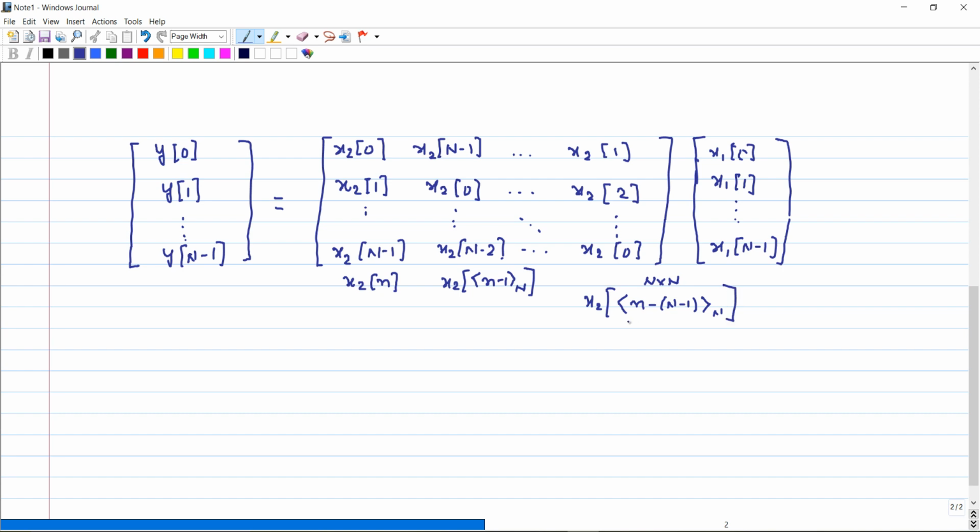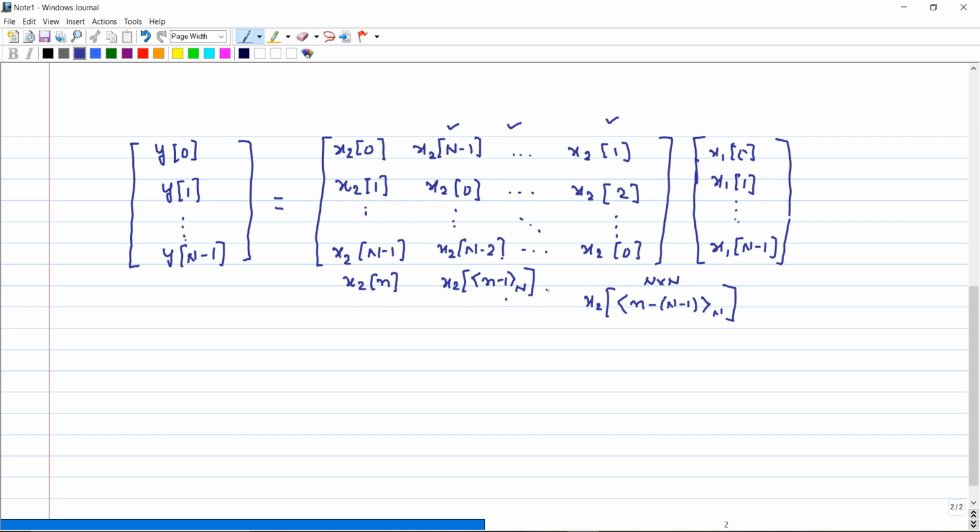Okay, so finally, what happened is this whole matrix is nothing but circularly shifted versions of the first column. So the second column is nothing but the first column circularly shifted by 1 unit. The third column would be the first column circularly shifted by 2 units, and so on. And the last column would be the first column circularly shifted by n minus 1 units.